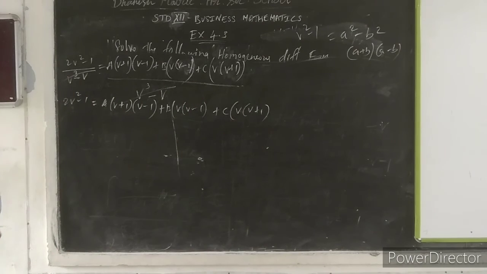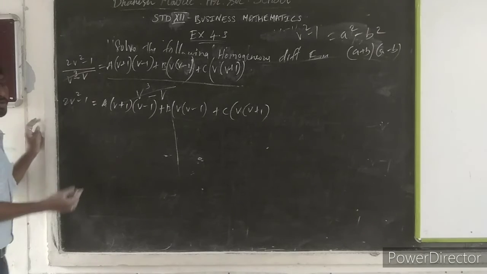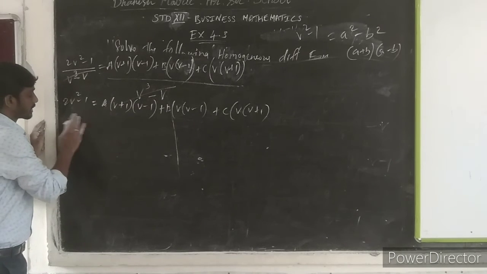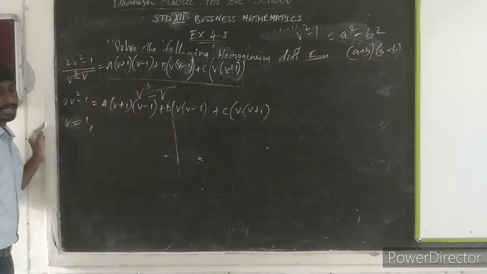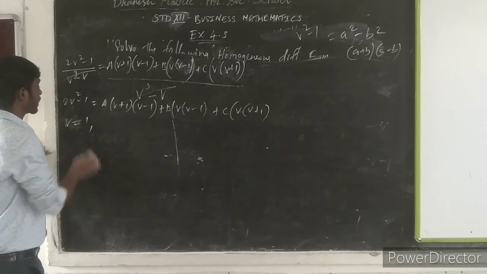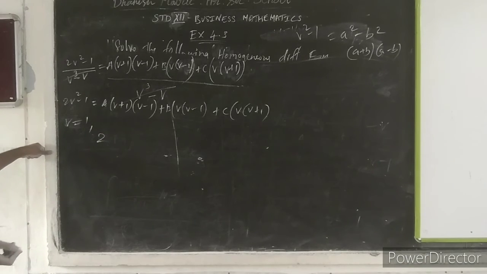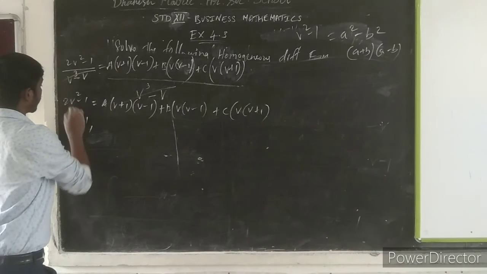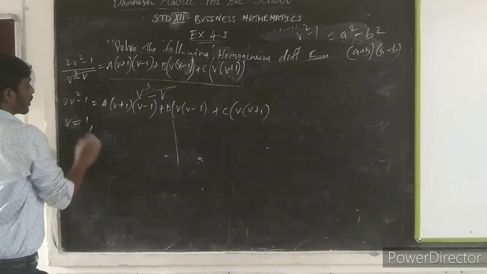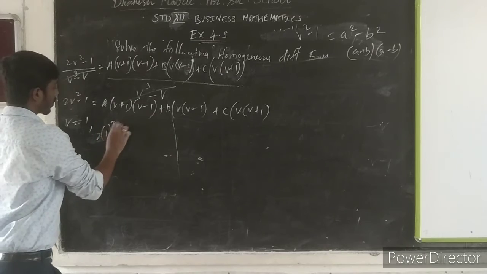Now we are going to substitute values to find A, B and C. You know how to solve partial fractions. I am applying v equal to 1 here. You are simply getting 2 into 1 squared minus 1.